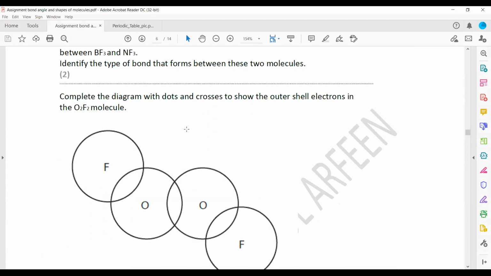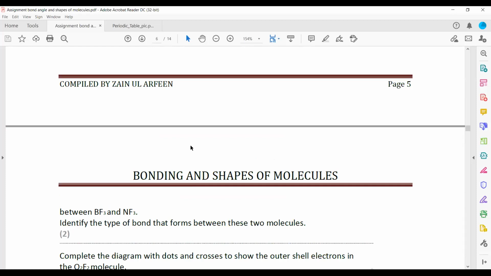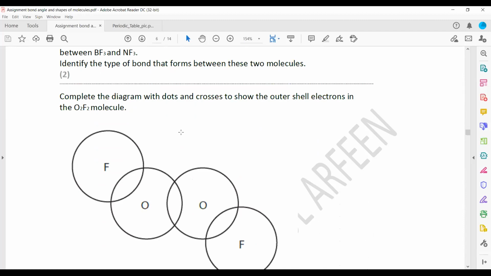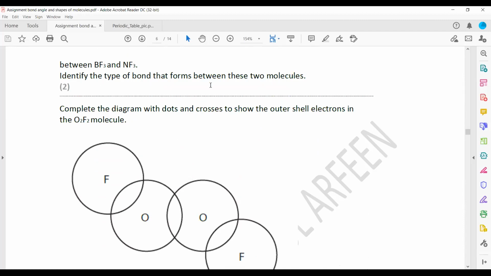Another question: between BF3 and NF3, identify the type of bond that forms between the two molecules. So the type of bond, it's 2 marks. That is a simple covalent bond.